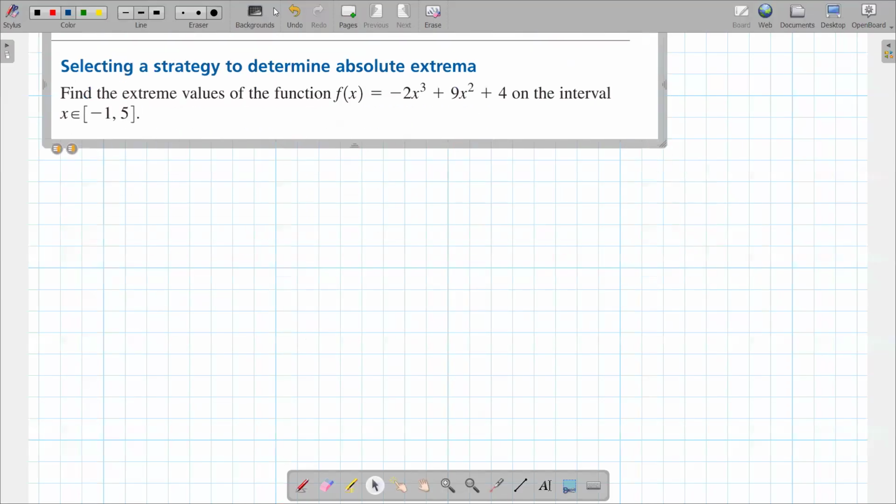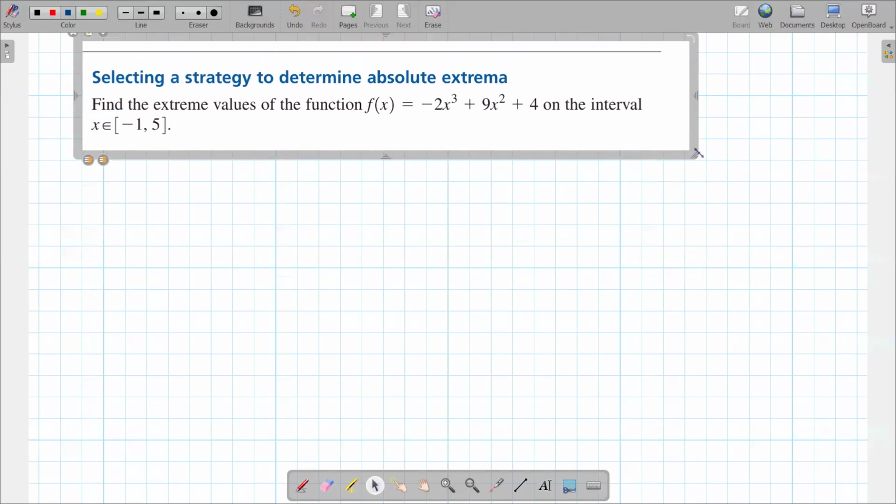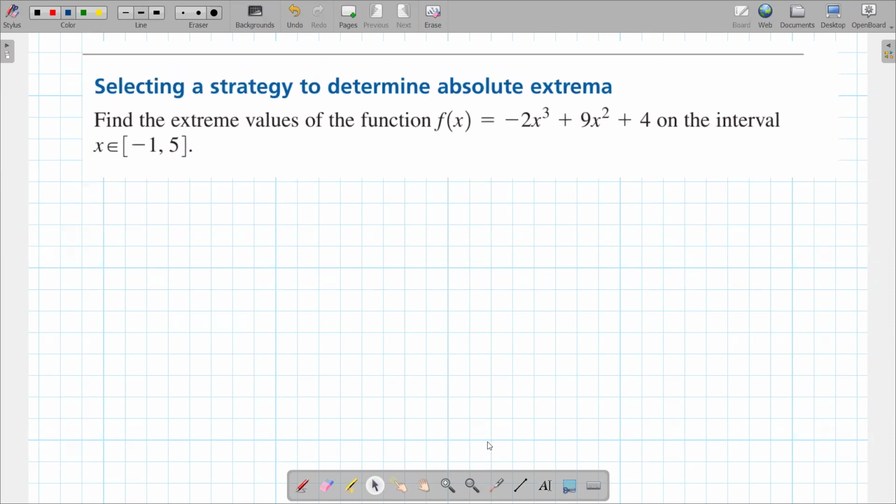We are given, what type of function do we have here? How would you describe f of x? Is it a trig function? Is it a rational function?